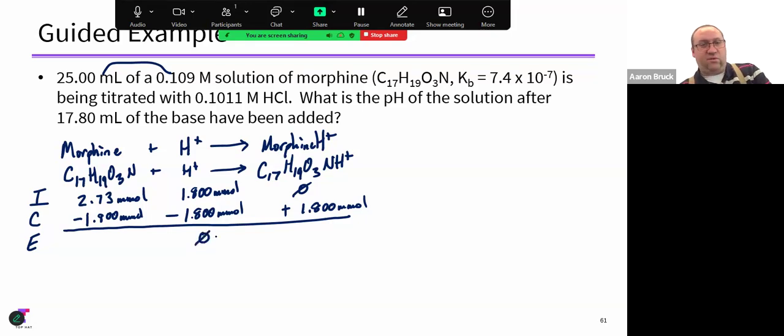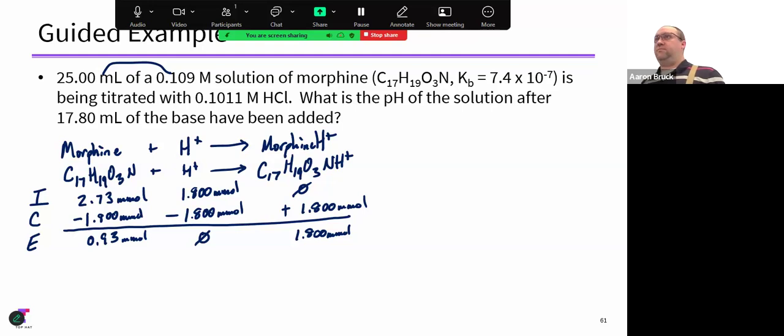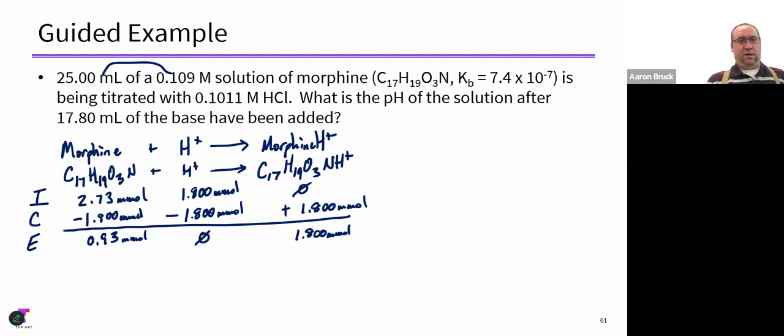So at this point, I would have 0 hydrogen ion, 2.73 minus 1.800, to 2 decimal places, is 0.93 millimoles, and 1.800 millimoles. So what we should be able to see at this particular juncture is we do have a buffer solution. We just need to figure out the concentrations.